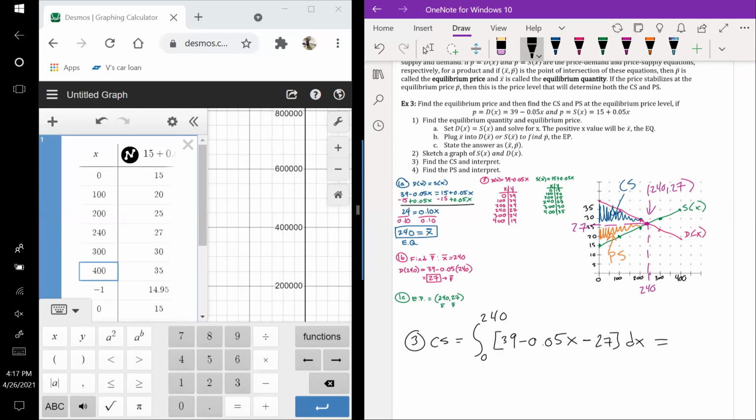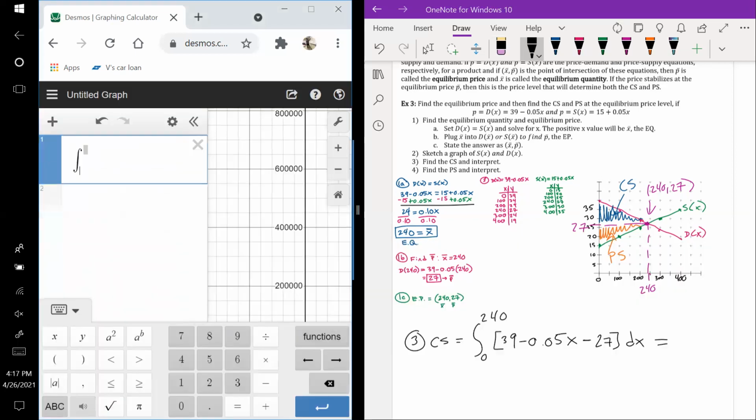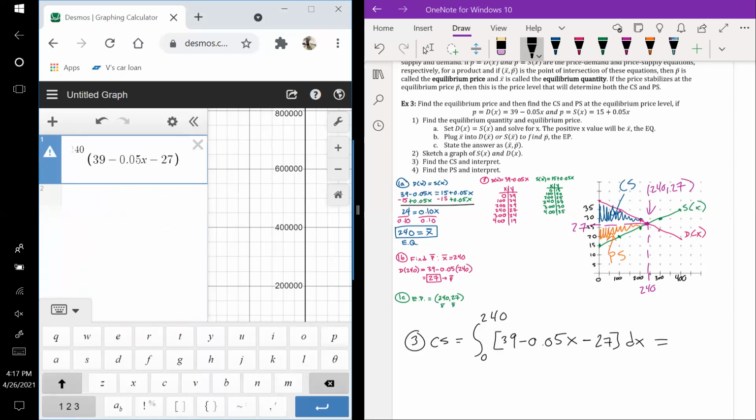Sure, we can type it in just like that. Integral from 0 to 240 of 39 minus 0.05x minus 27 dx. And we get 1440.